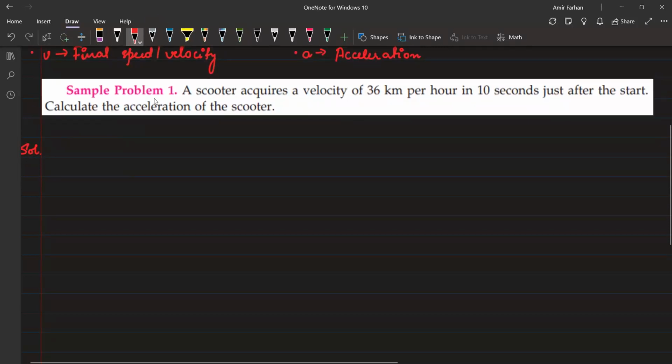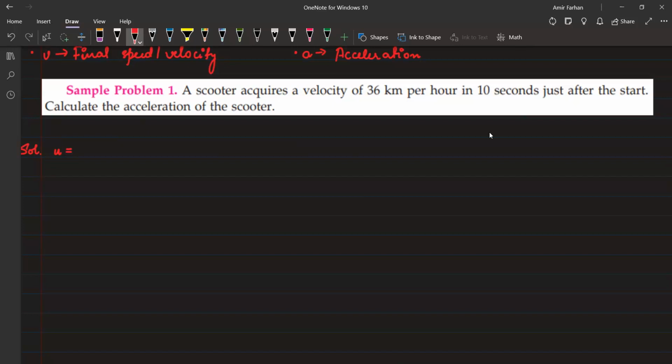This question says a scooter acquires a velocity of 36 km per hour in 10 seconds just after the start. So the scooter has gained a velocity of 36 km per hour after the start.